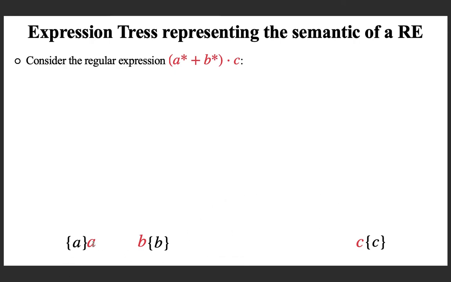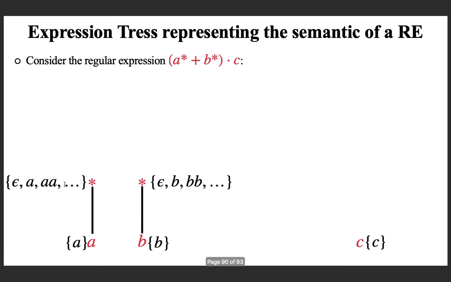Now, from A, you can obtain A star, a unary operator, and this part of the tree is representing A star, and this is the language. Similarly, from B, you can obtain B star, and this is the language.